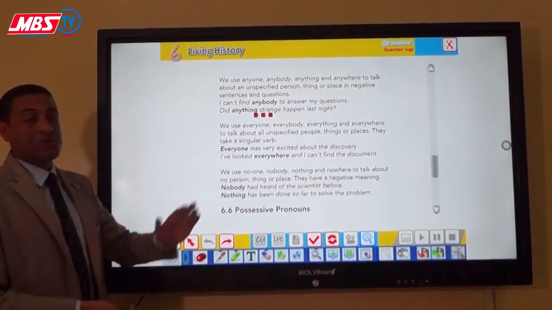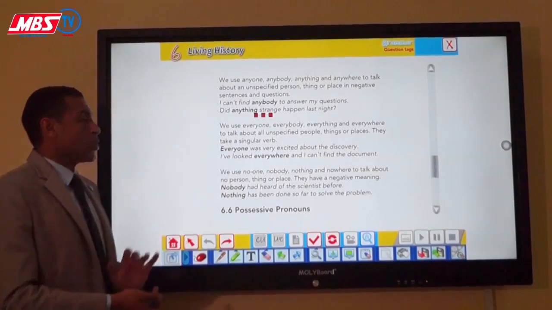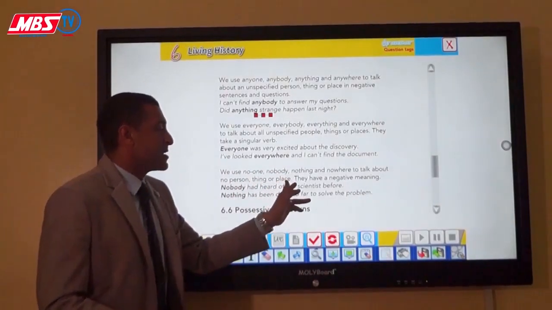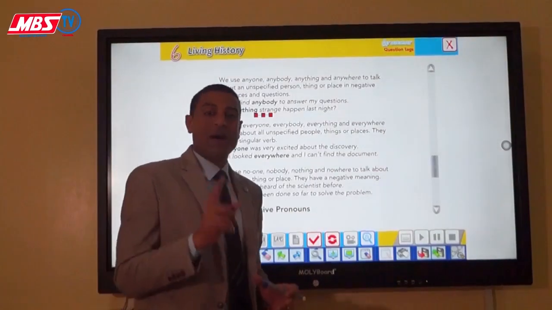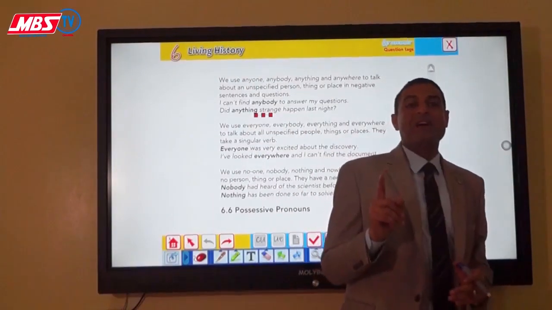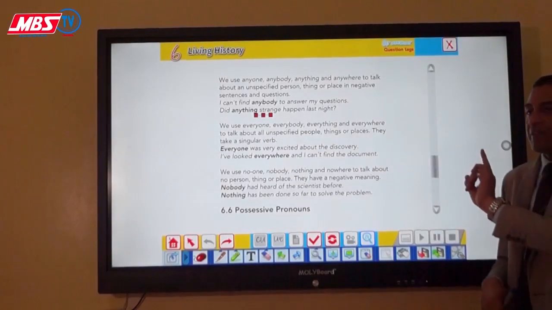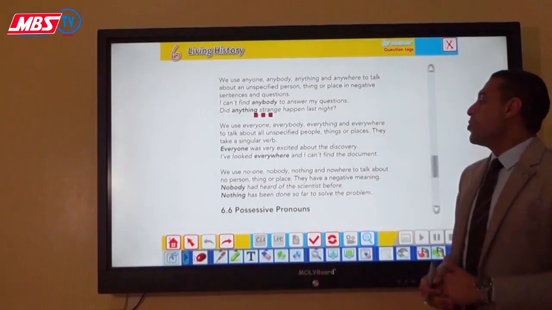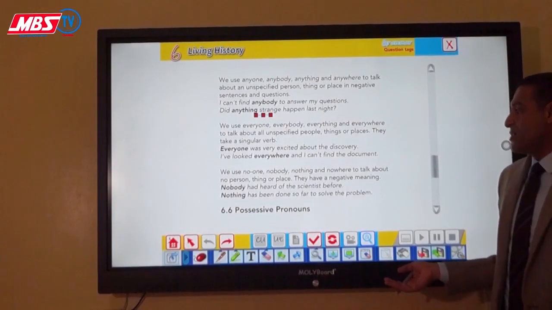And then we can use no one, nobody, nothing, nowhere to talk about no person, no thing, or no place. They have negative meaning, but we use them in affirmative sentences. Negative meaning in affirmative sentences. Just like nobody had heard of the scientist before.